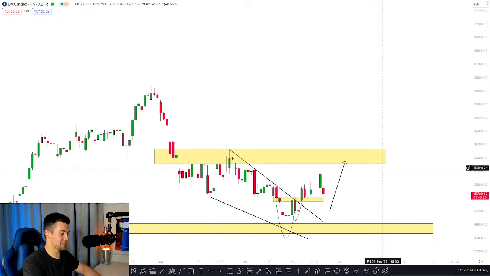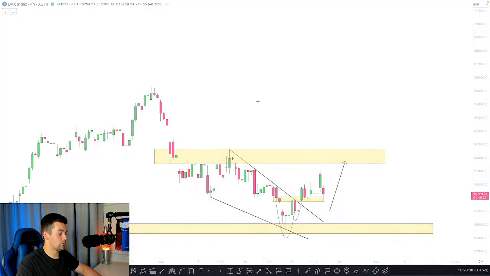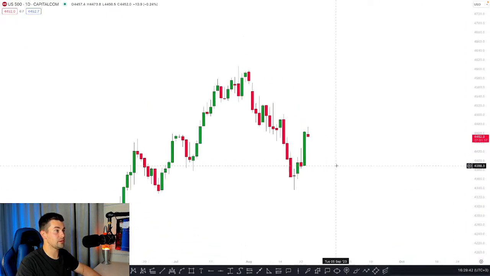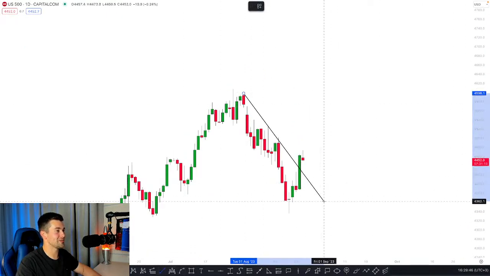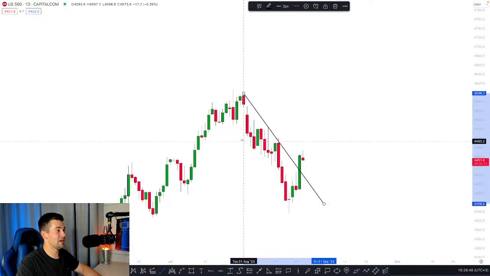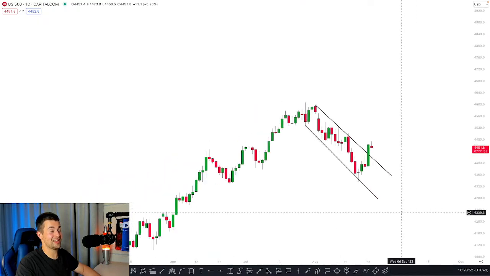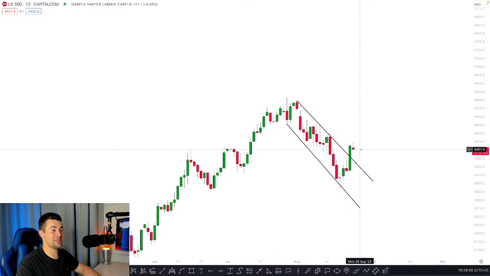Now, what will be the next one? Briefly about S&P 500, US 500. Let's open this one and check. This one is also very interesting, right? The US 100. We got right here that bullish flag pattern. It feels like we got a very nice bull flag here, and the resistance of the flag was broken.